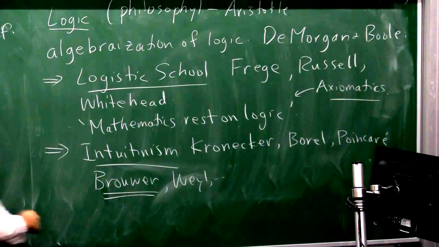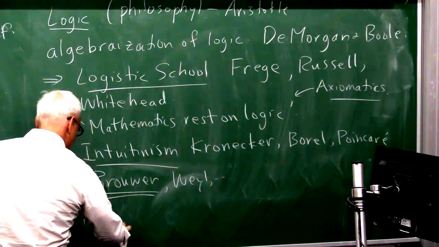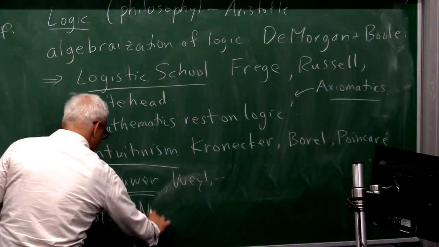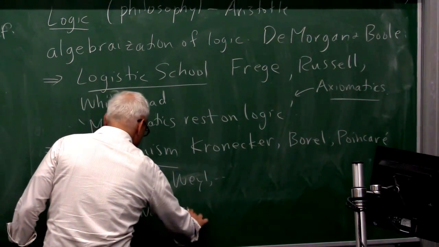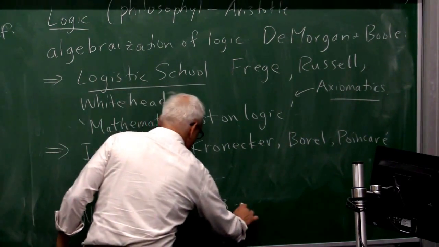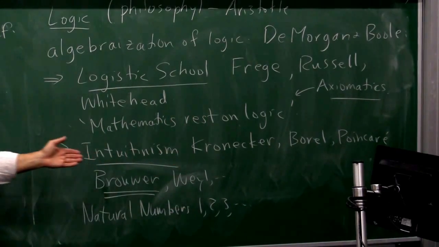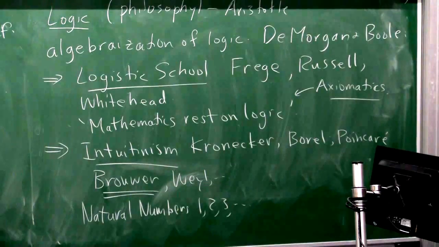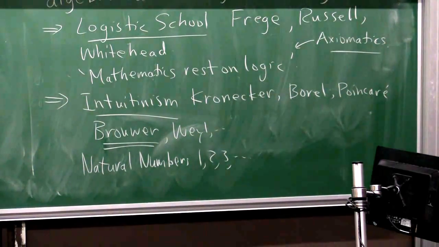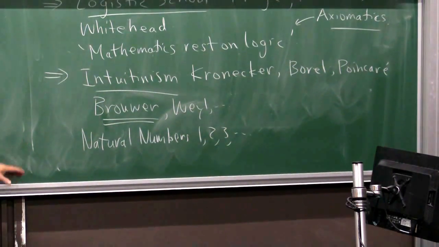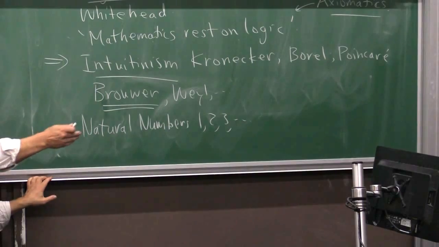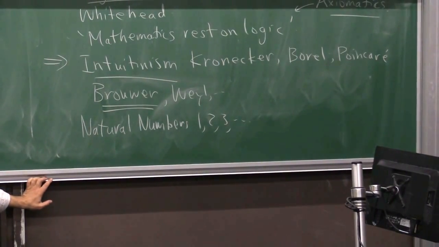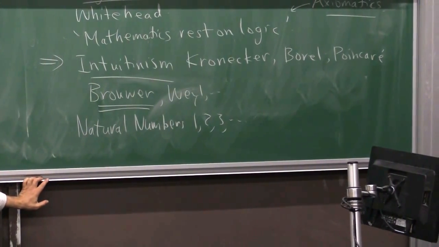Okay? So for them, the natural numbers, namely the 1, 2, 3, and so on, these were the fundamental objects of mathematics, according to Kronecker. Kronecker had a famous statement where he said that God created the natural numbers, and everything else is the work of man.